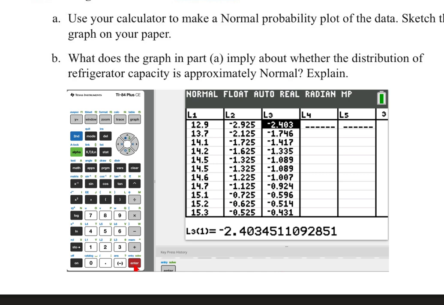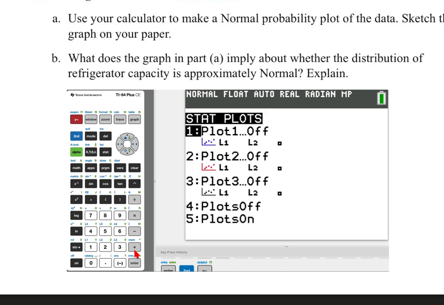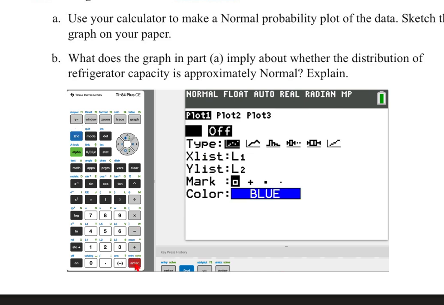Okay, and now we're going to plot those. If we go to second, stat plot, which is second y equals, we want to turn that on, hit enter. It's already a dot plot, which is what we wanted, and that first one is already highlighted.